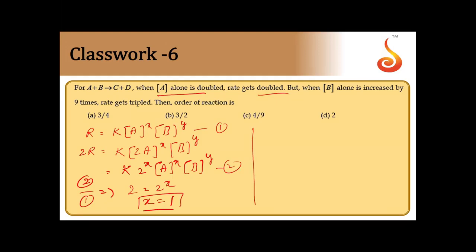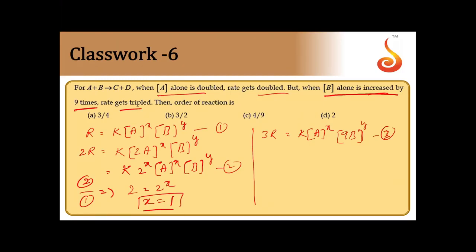Next term, when B alone is increased by 9 times, rate gets tripled. B is increased by 9 times, rate gets tripled, means it is 3R is equal to K into A to the power of X. Here B is now increased by 9 times, so 9B to the power of Y. Take it as equation 3.